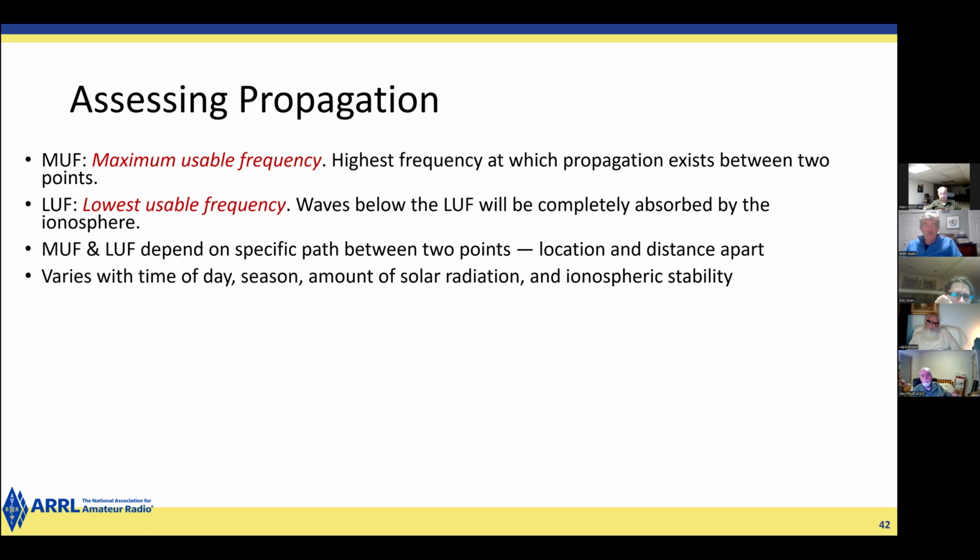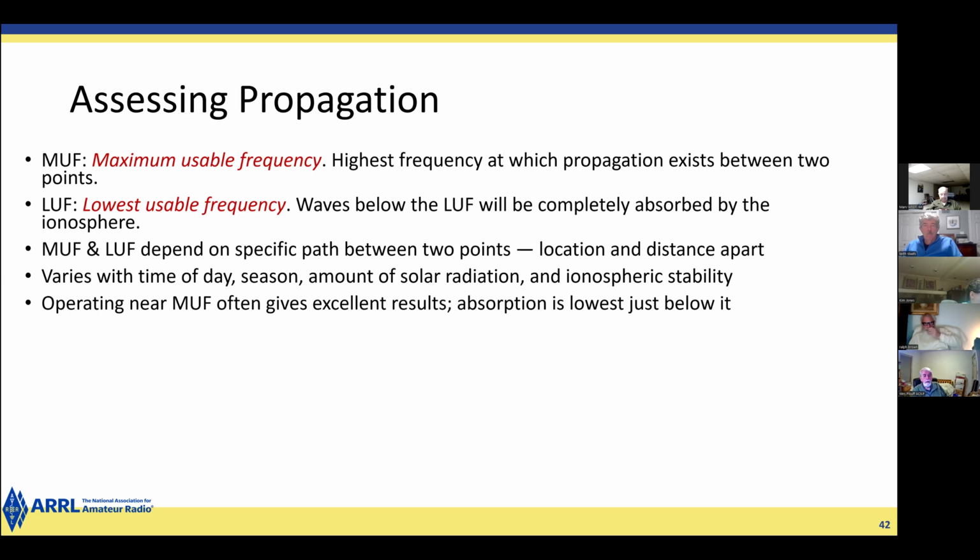So they vary with the time of day, the season, the amount of solar radiation, the stability of the ionosphere. Operating near the maximum usable frequency often gives the best results because absorption is the lowest just below the MUF.